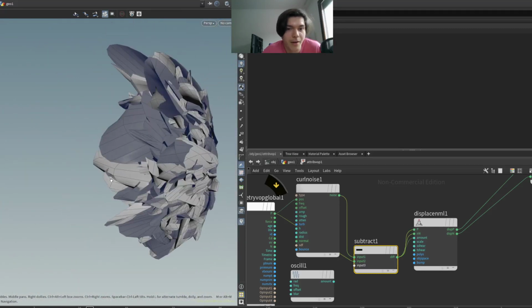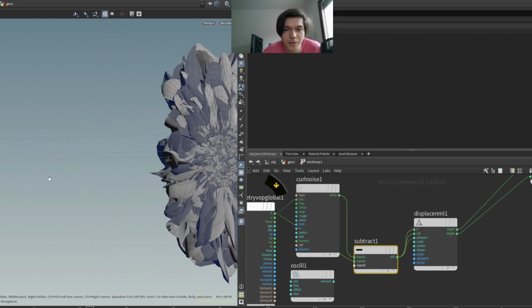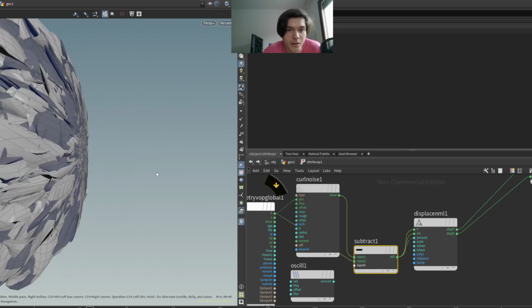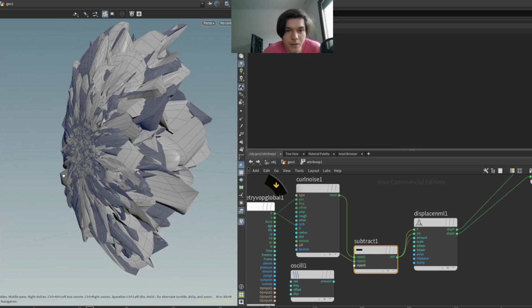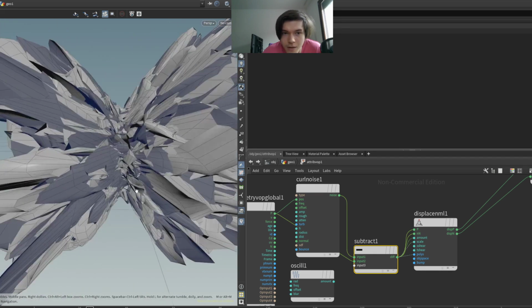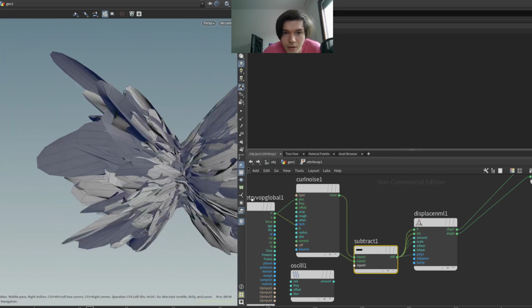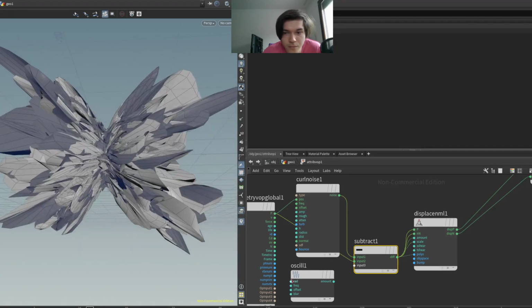Is this a flower now? Is this a flower now? No, it's just some shit. This is not too bad indeed.